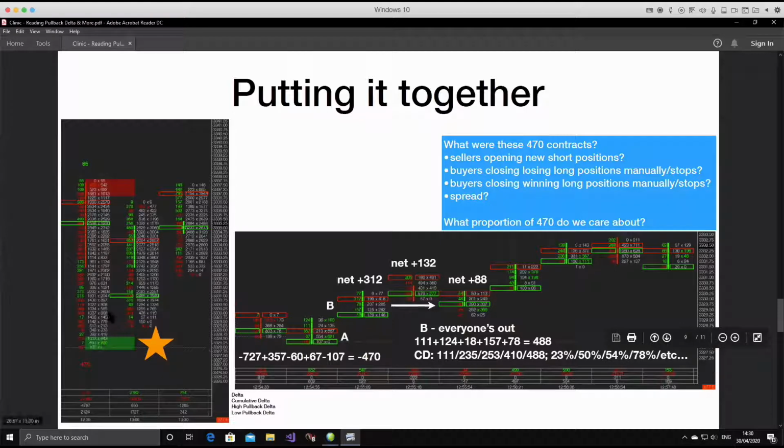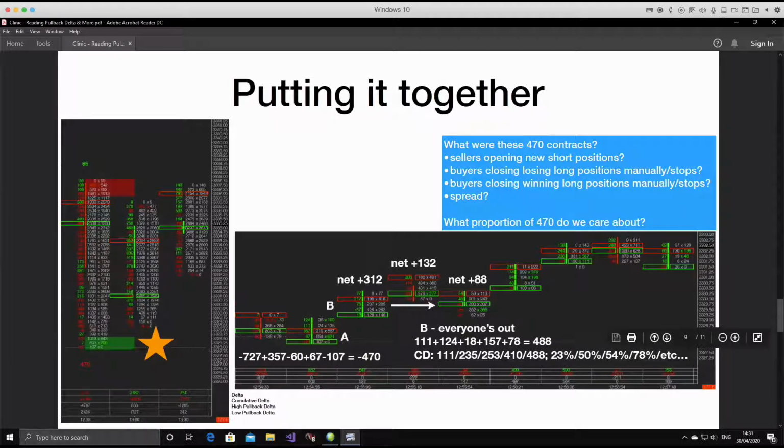do I join in? What we don't know though is of these 470 contracts within this pattern here, were they sellers opening new short positions? Was this people aggressively hitting the bid to go short? We don't know. Were they buyers closing losing long positions manually, their stops?